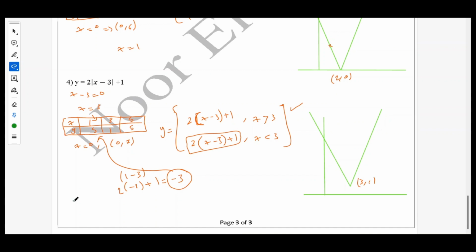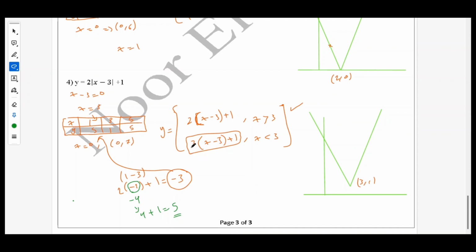Yes, student. The problem happens here. It should not be negative 2, it should be 2. In other words, it should not be negative 4, it should be 4, because 4 plus 1 will give me 5. To get 5, I have to multiply the bracket by a negative sign.